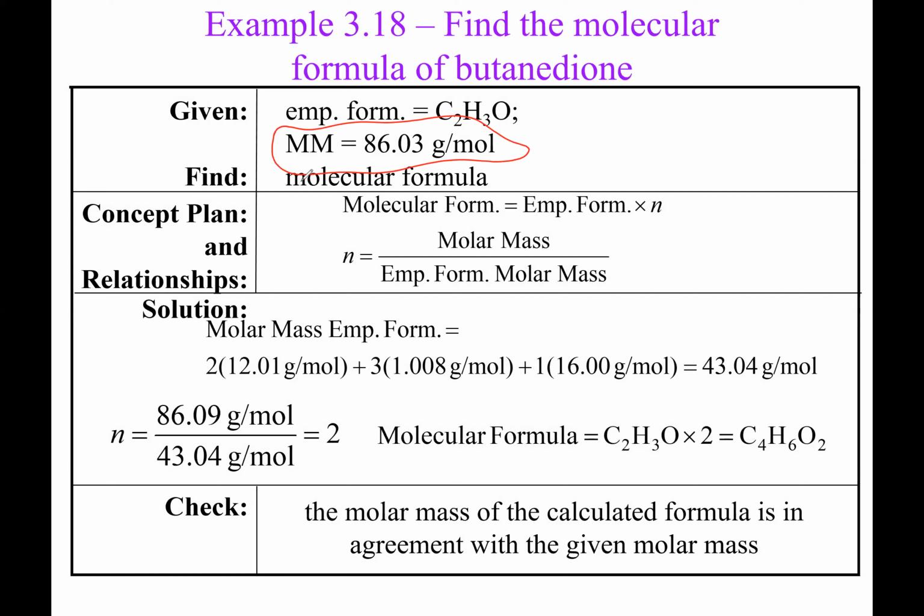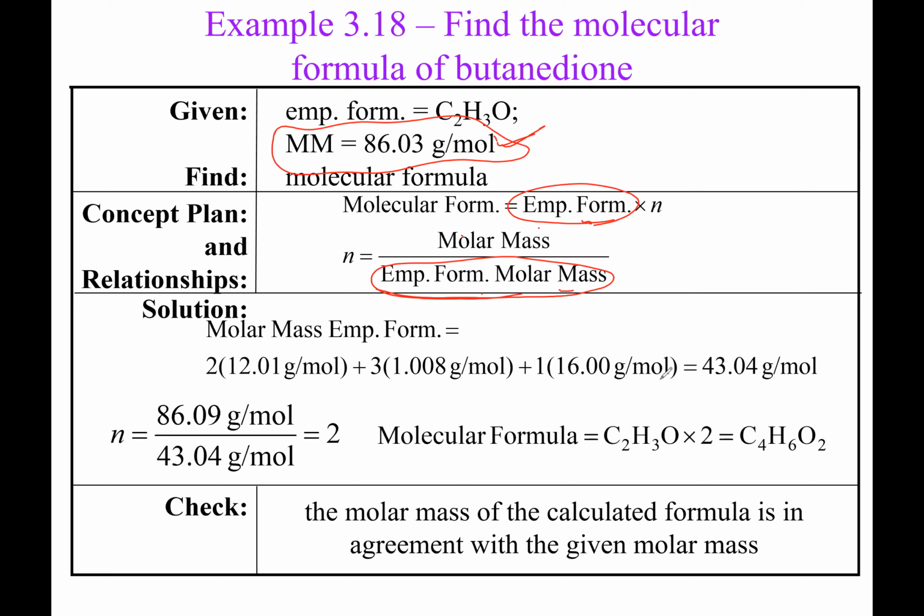With the percentage, you can find the empirical formula, but you cannot find the molar mass. So molar mass should be a given number. When you find the empirical formula, you find the empirical formula mass, and you divide the molar mass by the empirical mass, you find that N value.